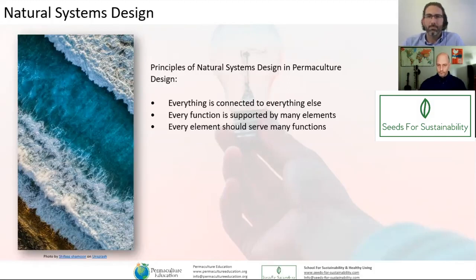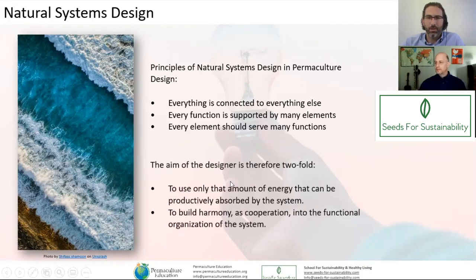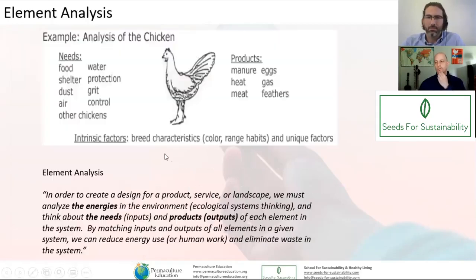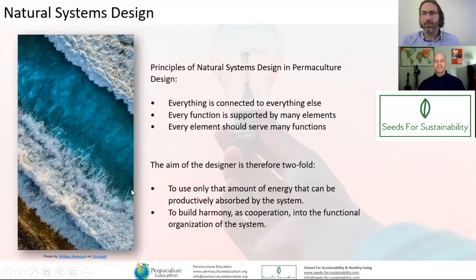So if we look at the next slide, the web of life, from source to sink, I didn't put on the slides. This is okay. So what is design?